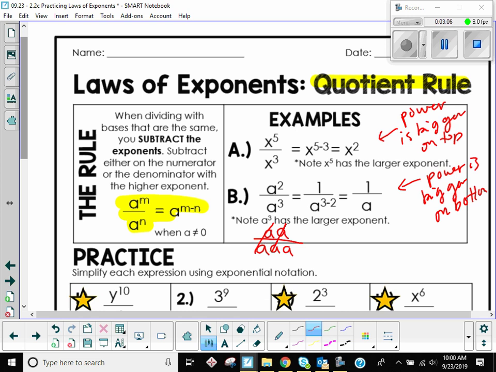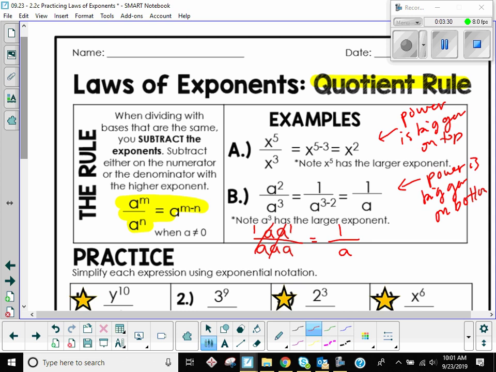You cancel. There's 1 A left on the bottom, sorry. But on the top, it looks like there's nothing left, but we wouldn't write a 0. Because A divided by A is really 1, and this A divided by A is really 1. So we really have 1 times 1 left. And that's why there's this 1 here in the numerator. Okay.